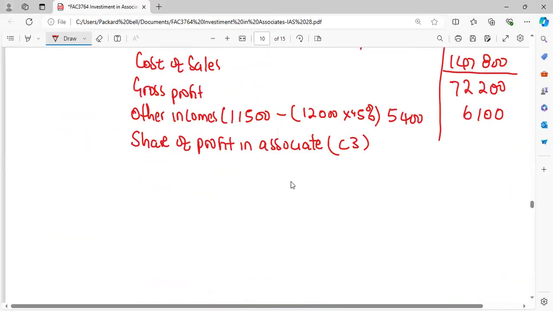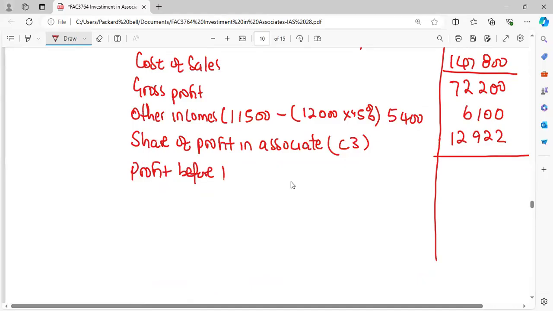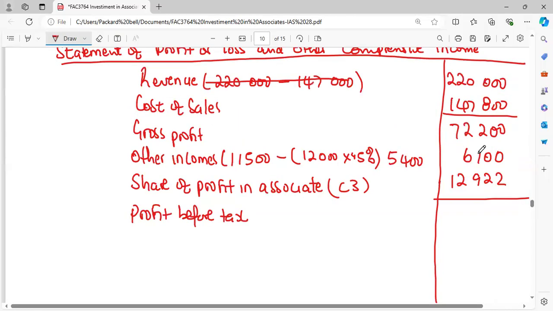Then you have your profit before tax. Okay, so we start from here. We can add here, here, and here.